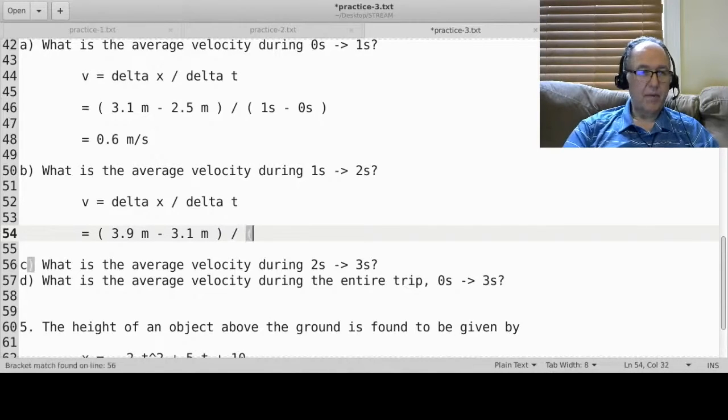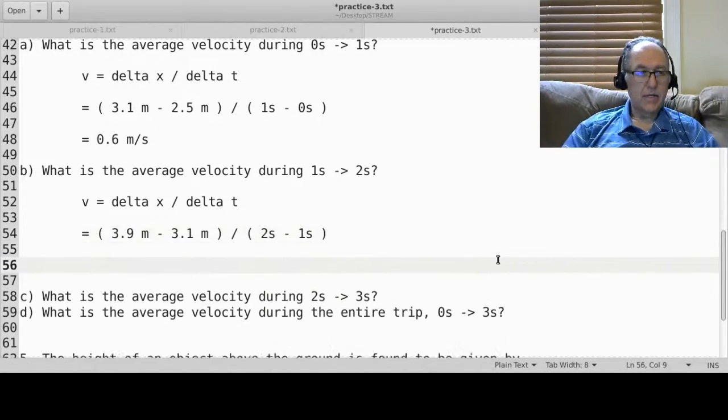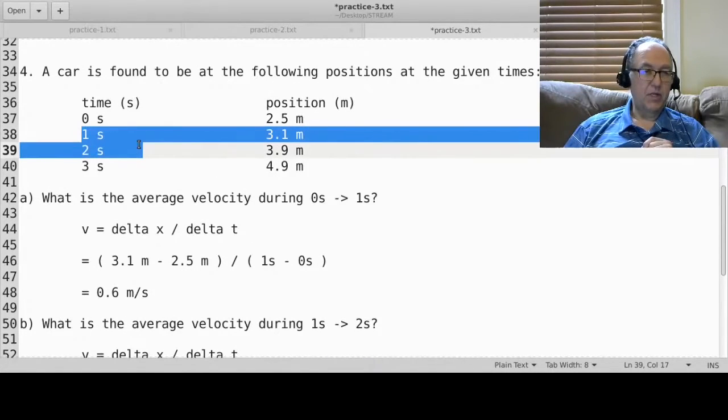Divided by delta t, which is my final time minus my initial time, 1 second. If I work this out, 3.9 minus 3.1 is 0.8, divided by 2 minus 1, which is 1, and that gives me 0.8 meters per second.